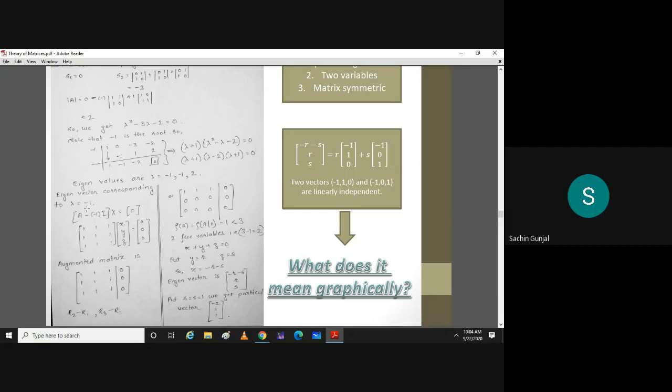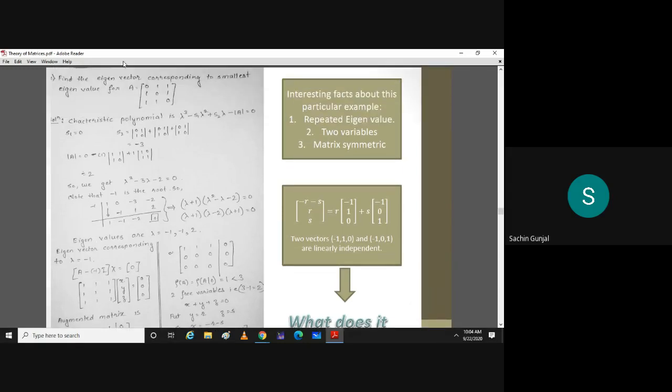For the eigenvalue corresponding to -1, we are solving the system A minus lambda I times x equal to 0. So this minus becomes plus, so A plus I. That will become everything 1, 1, 1, 1, because my A is this and I am adding the identity matrix to it.